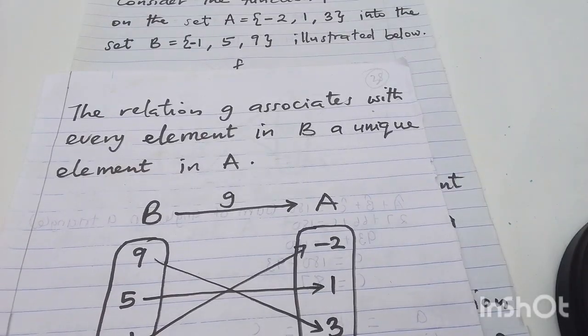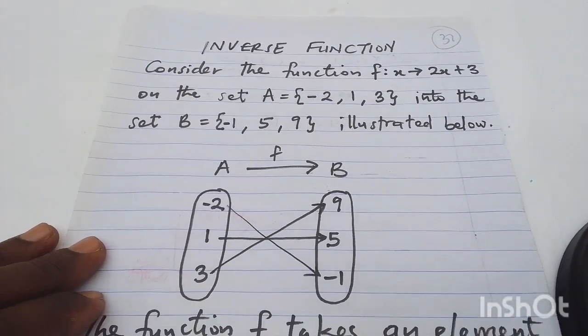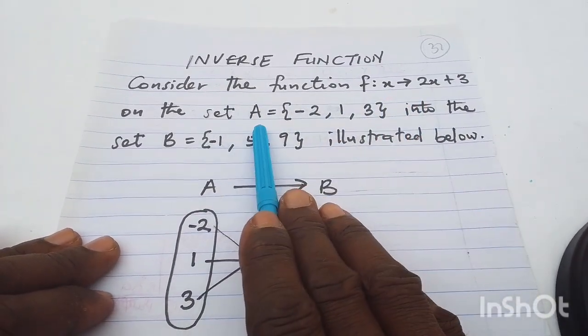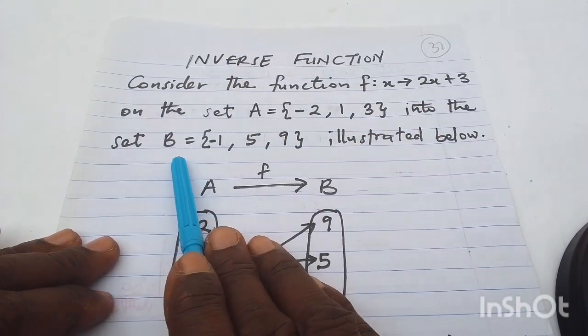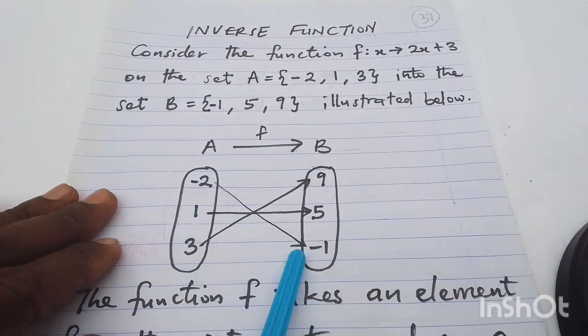To make it easier, let me just read the whole lesson to you. Consider the function f, a mapping on the set A, minus 2, 1 and 3, into the set B, minus 1, 5 and 9, illustrated below. So this is a diagram.